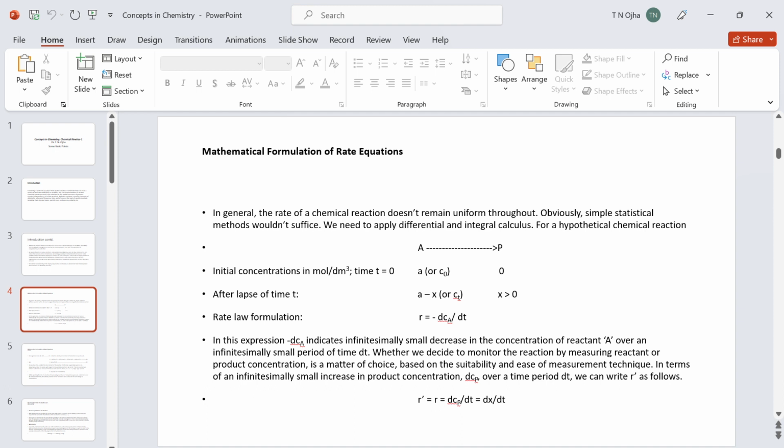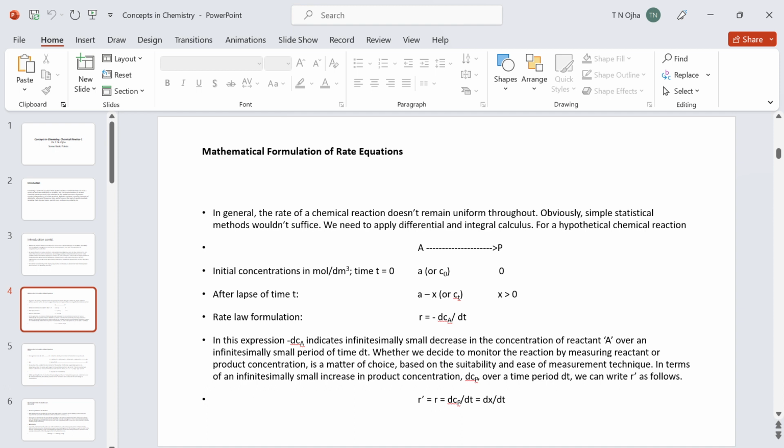Rate law formulation is r equal to minus dCA upon dt. Here dCA represents an infinitesimally small change in concentration of reactant A, and dt represents a correspondingly small time period. The negative sign indicates decrease in concentration.